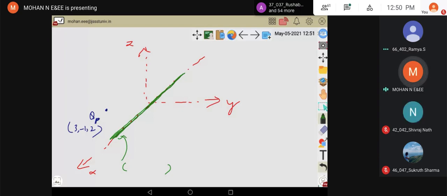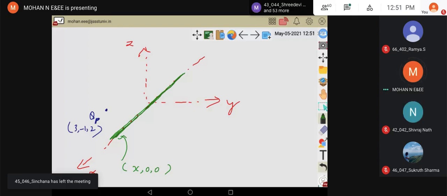How do you write the coordinates of this one? x comma 0 comma 0. Exactly, it is (x, 0, 0). So there is no variation in y and z. There is variation along x only because it is lying on (x, 0, 0). Yes. Now the line charge is over.